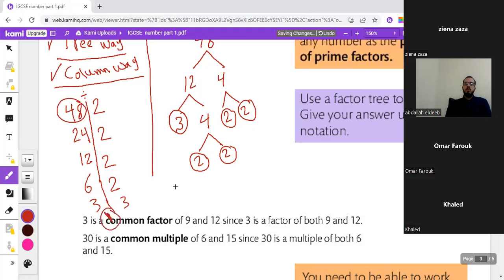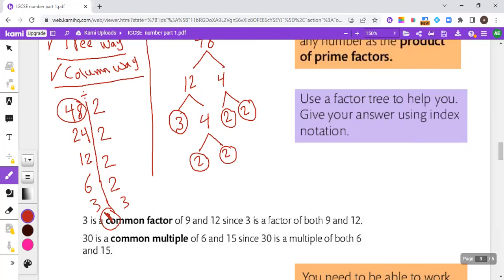Okay? Which method do you prefer? The tree way or the column way? It doesn't matter. Use the way you feel comfortable to use. It's up to you. But please give me the correct answer. Okay? I hope you understand. Now, you'll do the same.